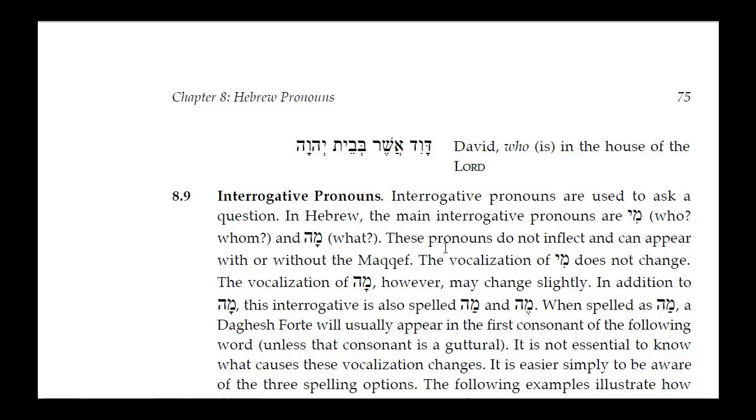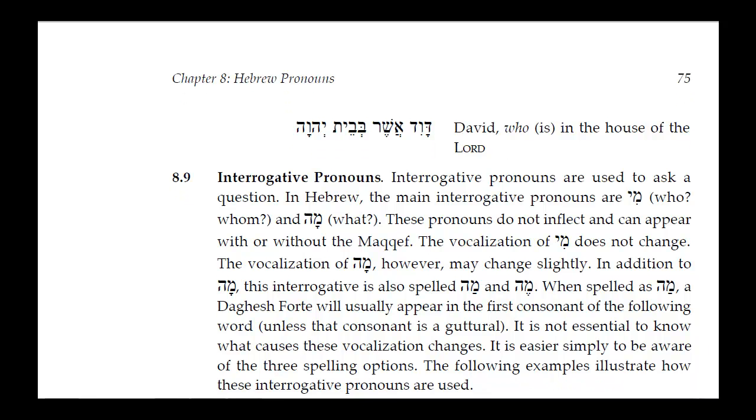These pronouns do not inflect and can appear with or without a makif here. The vocalization of mi does not change. The vocalization of ma, however, may slightly change. It may shorten down to a patach or segol or from a kamatz, but they pretty much are the same.